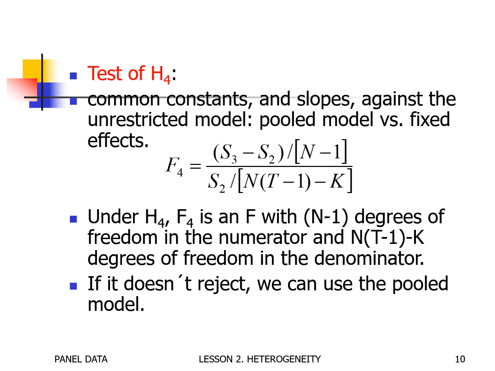So we have a numerator that has an n minus 1 there, which is the number of degrees of freedom of the numerator, and that is the number of restrictions that we are testing, and a denominator which is the S2 over n times t minus 1 minus k, capital K, and that would be proportional to the variance of the unrestricted model.